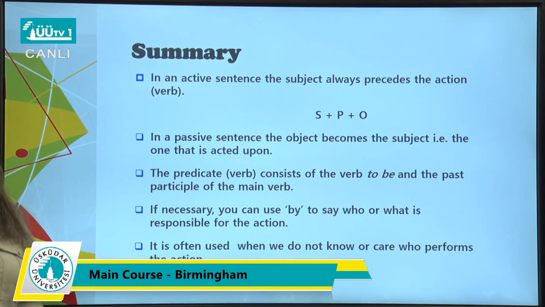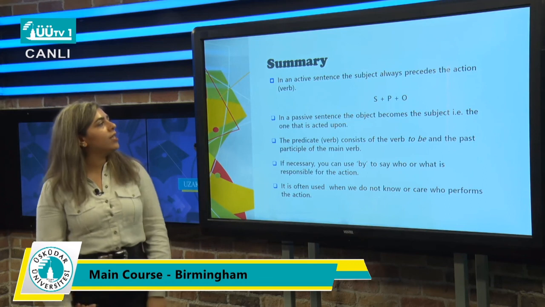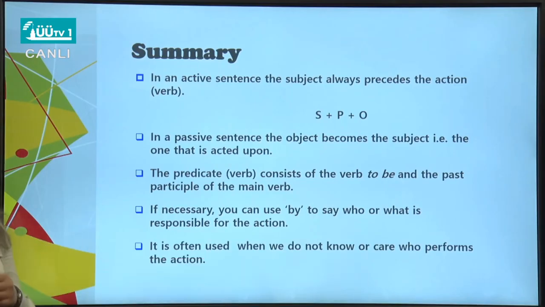Okay, this is our summary again about this course for you. As you can see, in active sentences, the subject always precedes the action. The subject always does the action. And in a passive sentence, the object becomes the subject, the one that is acted upon.